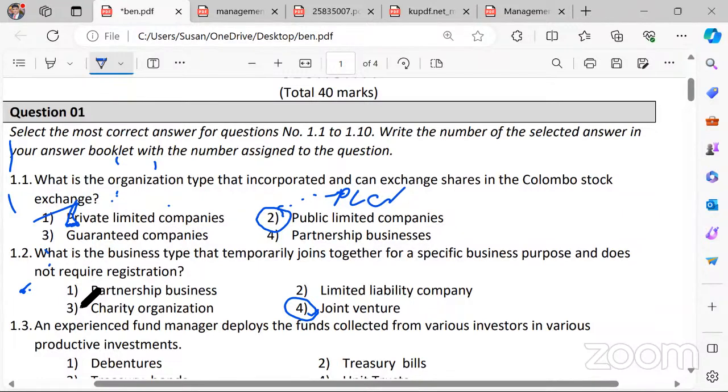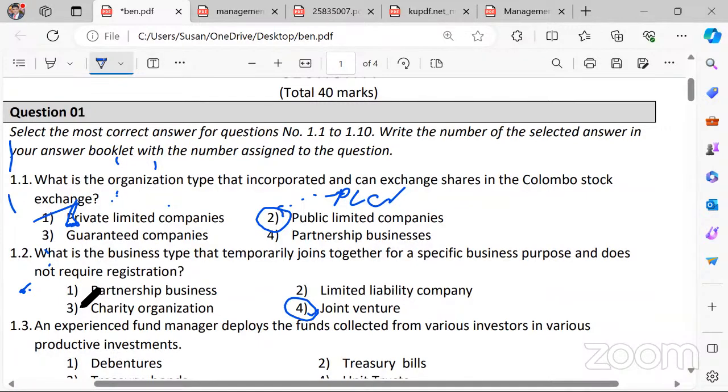As an example, think I'm going to bid for a big tender, highway construction. I'm a construction company, but I don't have sufficient capital for that. Then I can join with another construction company that is also trying to bid for the tender but suffering from the same problem.